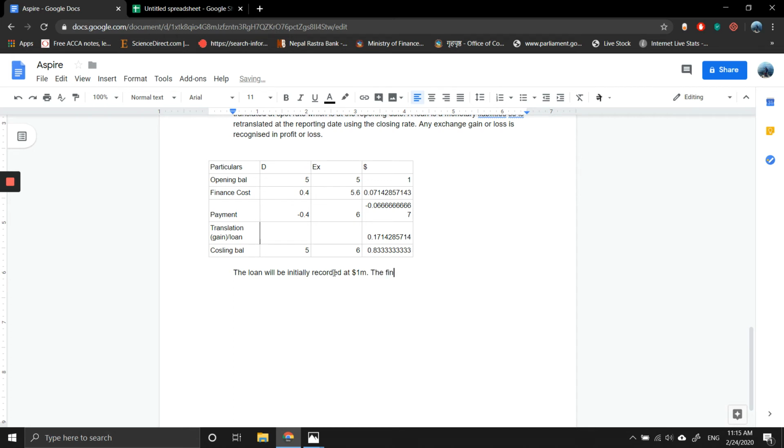The finance cost recorded in SOPL will be $0.071 million, and the cash payment will be $0.067 million.